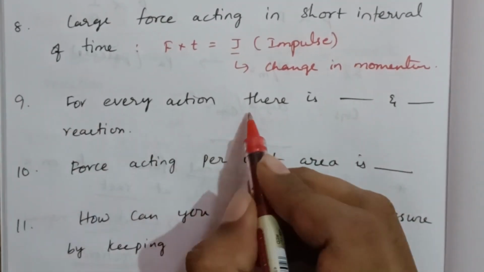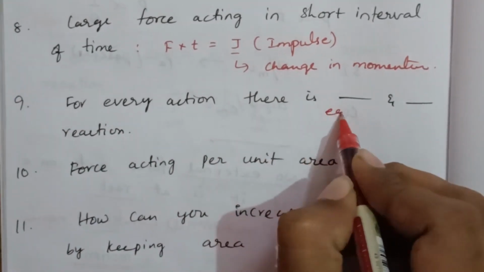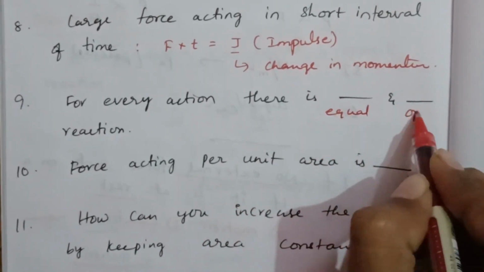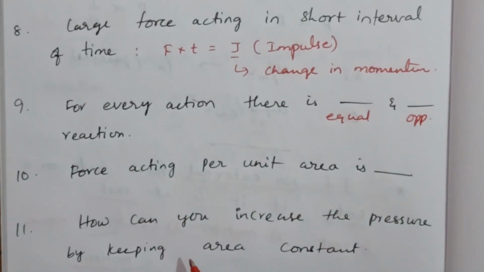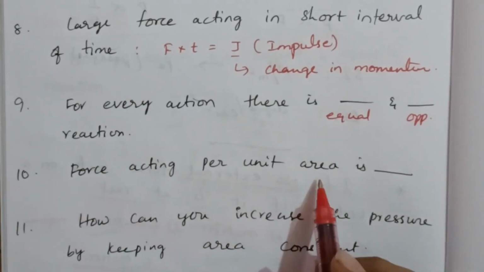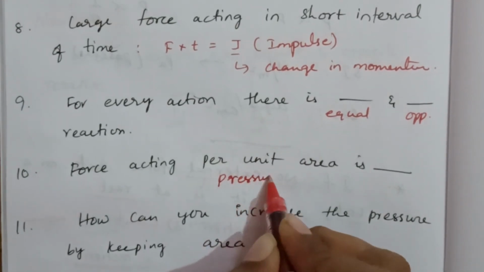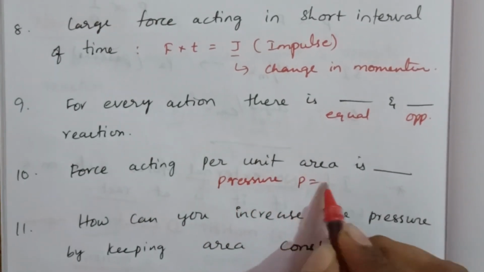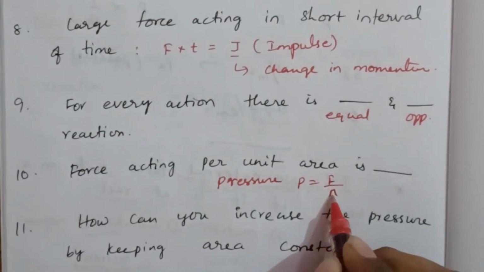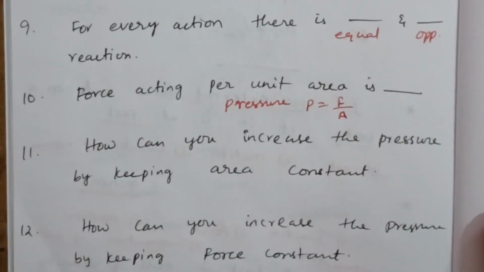Next, for every action, there is an equal and opposite reaction. Force acting per unit area is called pressure. Pressure equal to force by area.